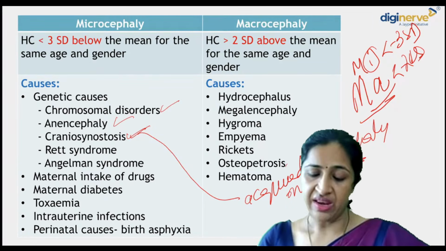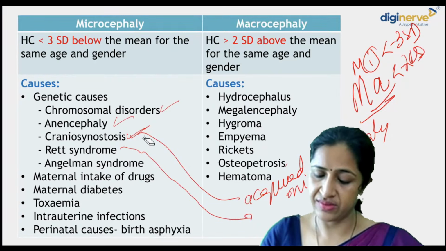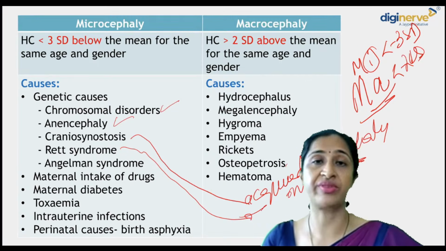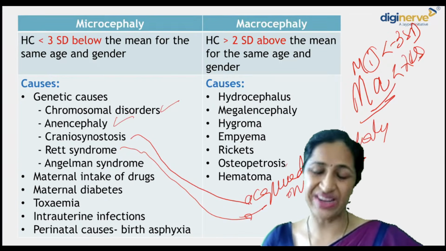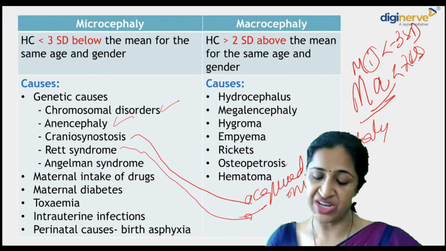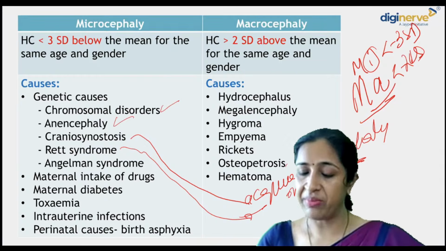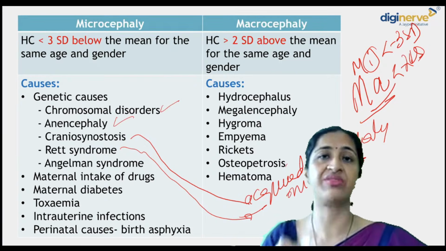Okay, both of these are acquired microcephaly. Angelman syndrome. If you have teratogenic drug intake, maternal diabetes, toxemia, that is PIH, IUI, birth asphyxia where the brain is not growing, etc. Macrocephaly, remember the problem will be 3: with the bone, with the brain, with the fluid.